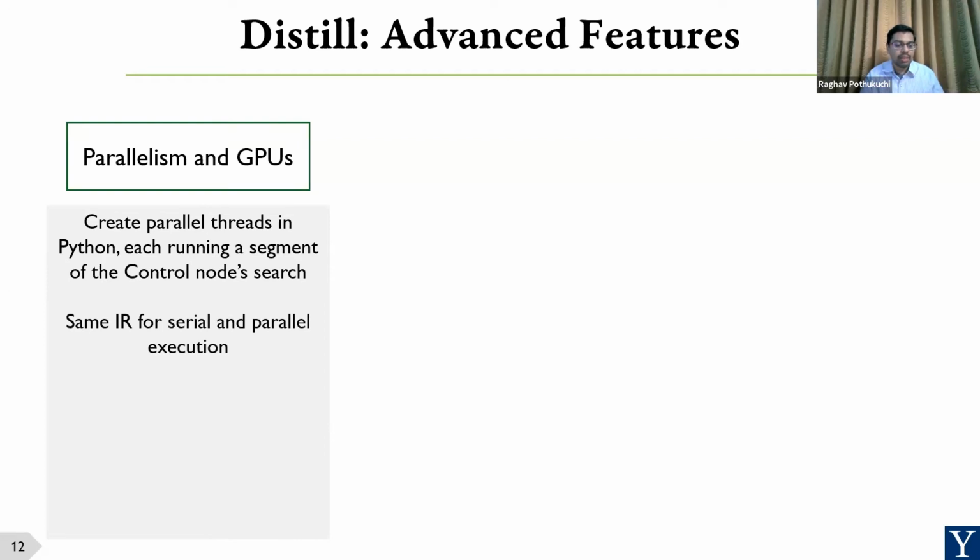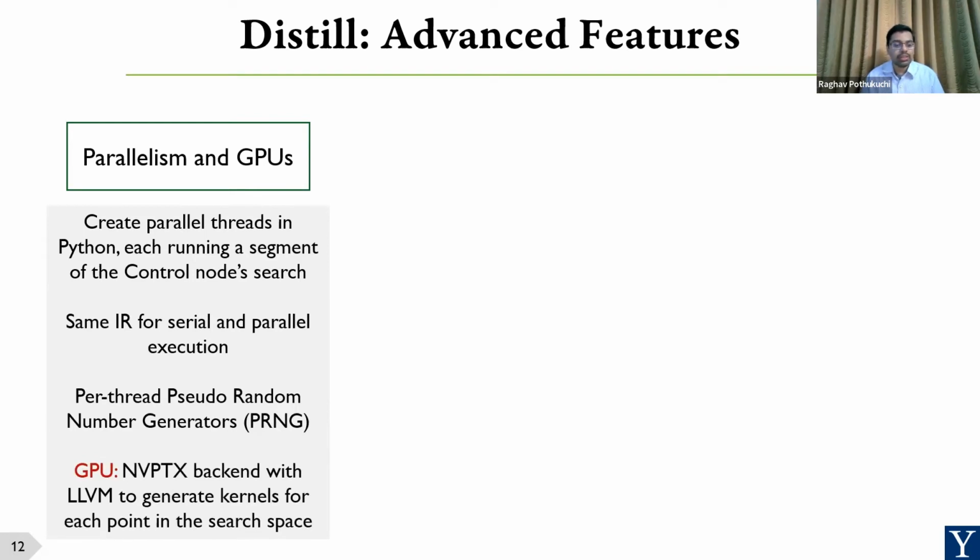We use the same IR for the serial and parallel execution. We use per-thread pseudorandom number generators for debuggability. Finally, to target GPUs, Distill uses the NVPTX backend with LLVM to generate kernels for the evaluation of each point in the search space. These kernels are imported using PyCUDA.